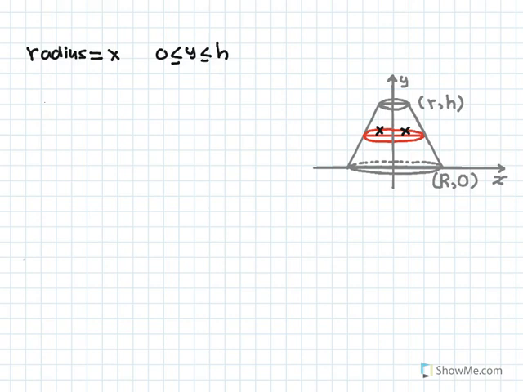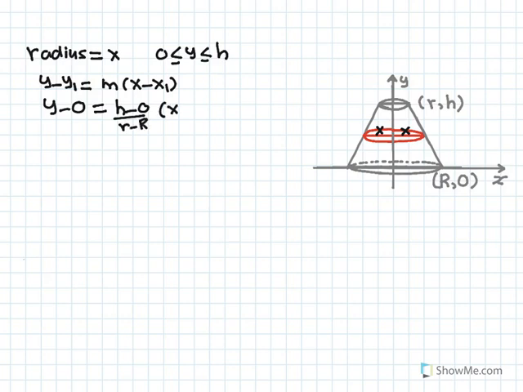We're going to start by using the equation of a straight line. y minus y1 is equal to slope m times x minus x1. y minus 0 is equal to the slope, which is rise over run: y2 minus y1, h minus 0, over x2 minus x1, little r minus capital R, times x minus capital R. If we rearrange this and solve for x in terms of y, doing a bit of algebra, we get x is equal to capital R plus little r minus capital R divided by h times y.